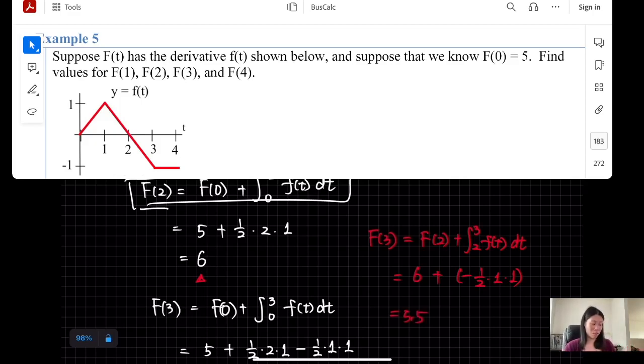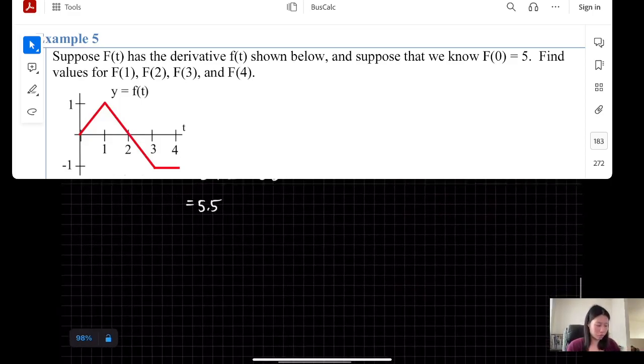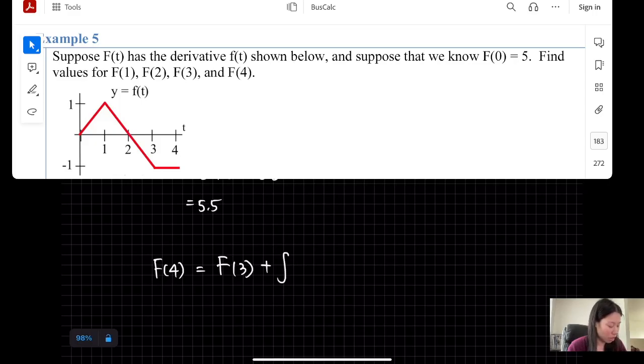So let's use this way to find f of 4. I can define it, instead of starting from f of 0, by starting with f of 3 plus the integral from 3 to 4 of f of t dt.